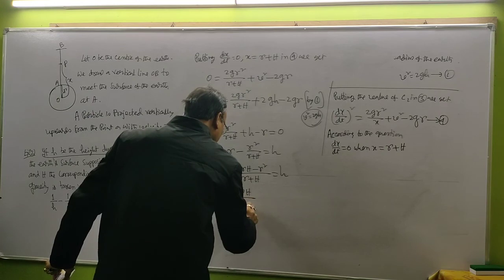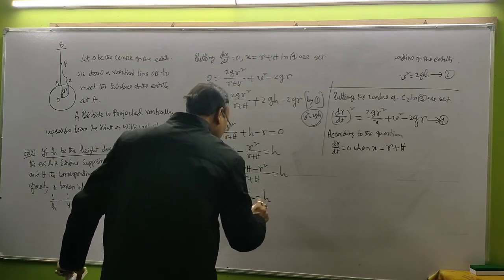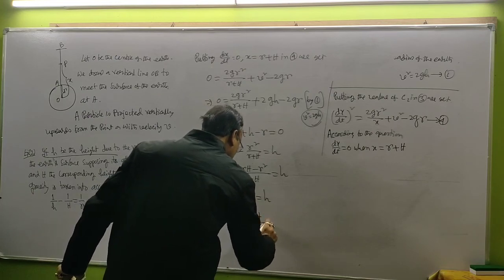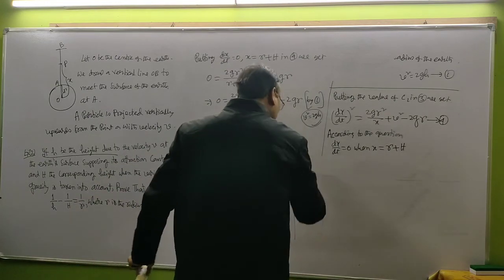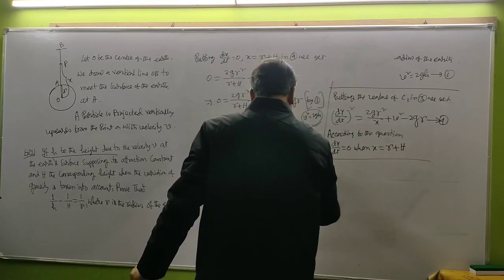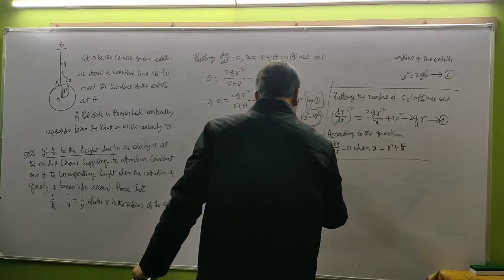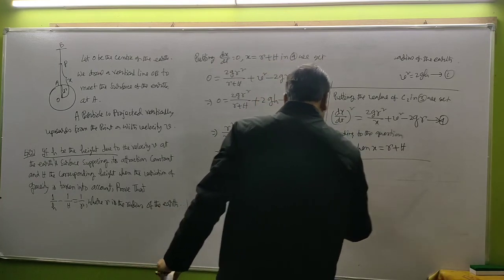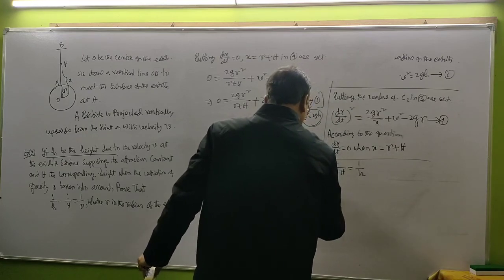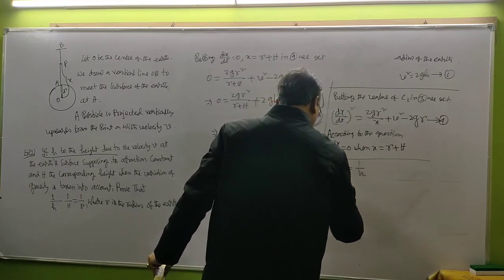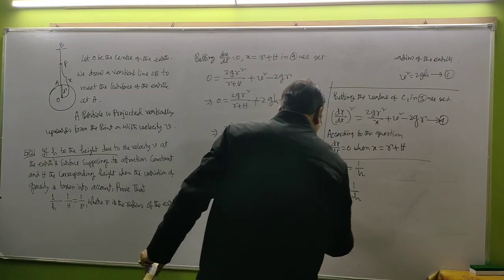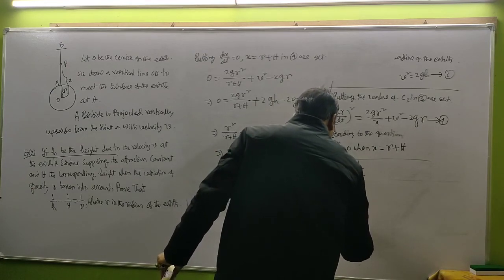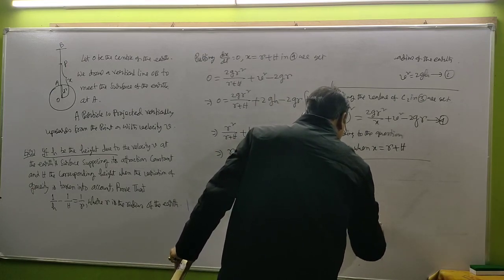RH divided by R + H equals h, or (R + H)/(RH) = 1/h. Let me write here. This means R/(RH) + H/(RH) = 1/h. This means 1/H + 1/R = 1/h, or 1/h − 1/H = 1/R. Hence proved.